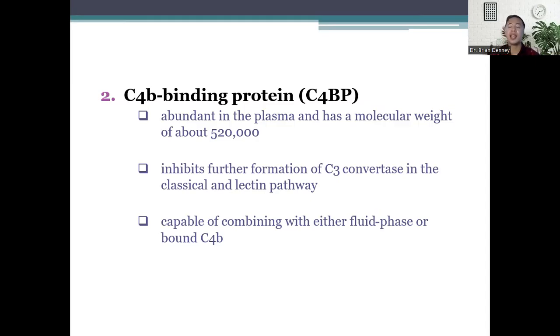Once your C4 is cleaved by your C1 complex, particularly the C1s subunit, what happens? It produces C4a and C4b. C4b is the complement protein which participates in the cascade, eventually forming with C2a the C3 convertase.